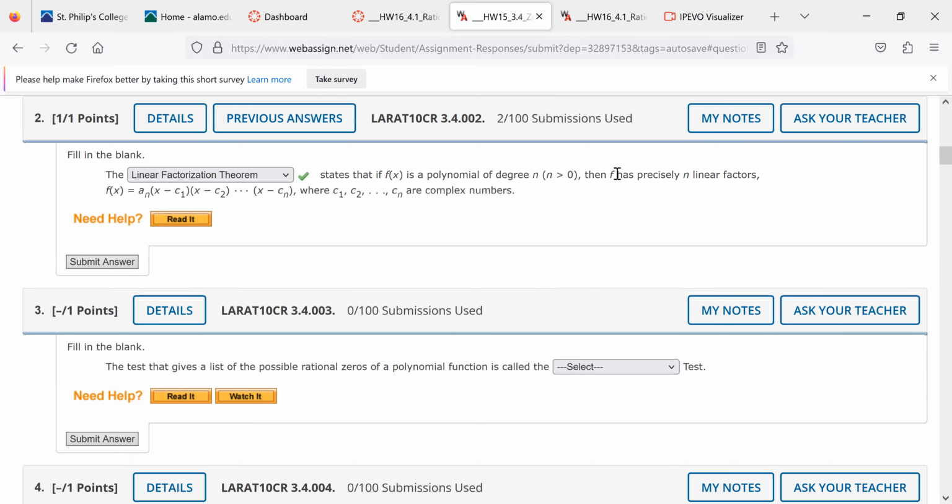So that's a pretty big deal. So if you have a quadratic, then you are guaranteed 2 factors, but they could be complex, imaginary factors.